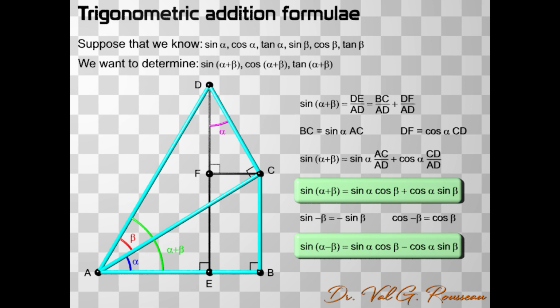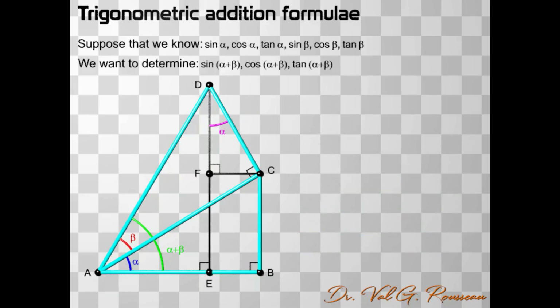What about the cosine of the sum? By definition, the cosine of alpha plus beta is the ratio AE over AD. But AE can be replaced by AB minus BE. Also, by construction, BE is the same as CF. Cosine alpha is AB over AC, so AB equals cosine alpha times AC.